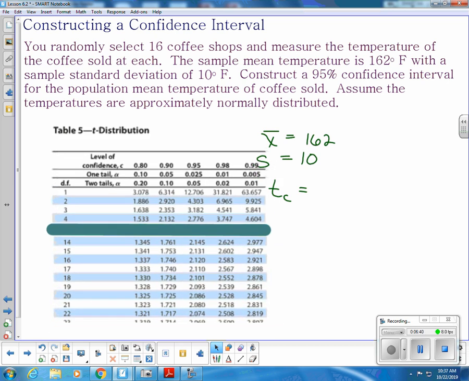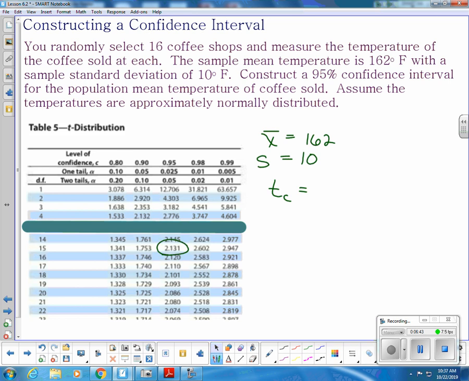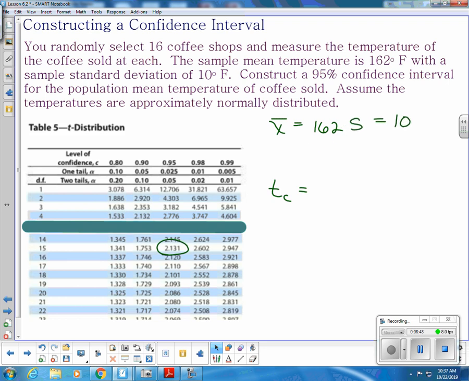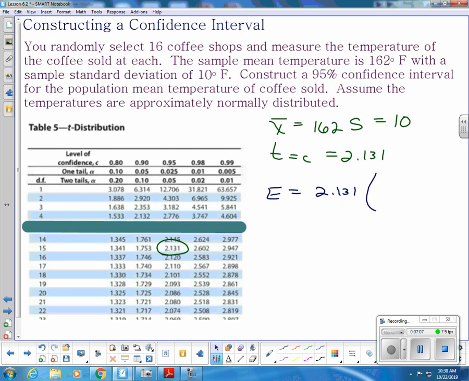We're looking at 2.131. All right, so our margin of error is going to be 2.131 times our sample standard deviation divided by the square root of the sample size. So using your calculators, what do you get?